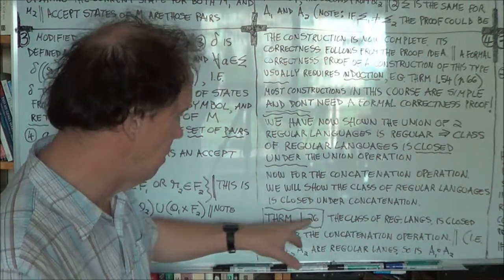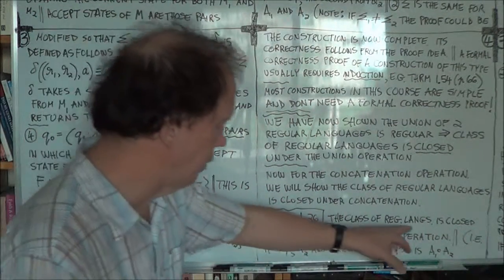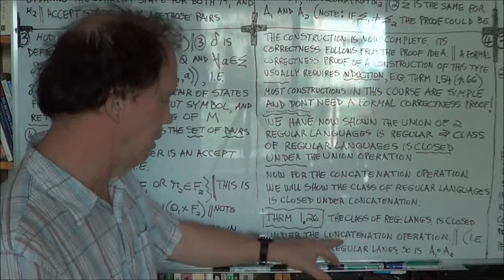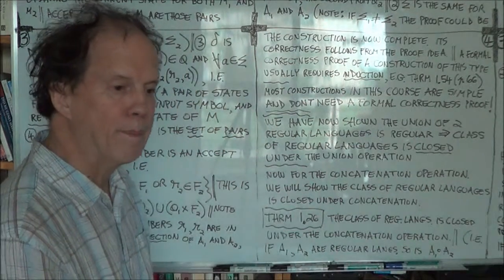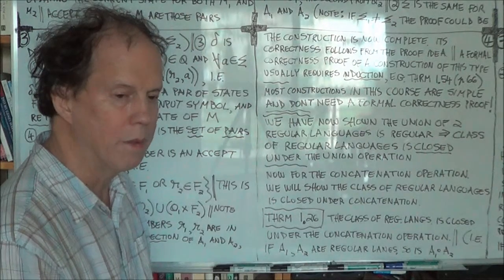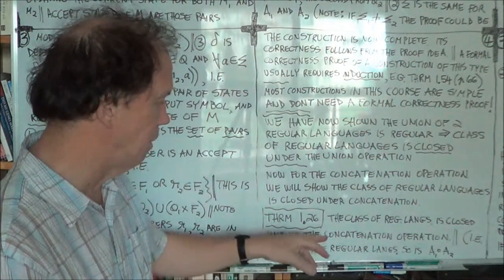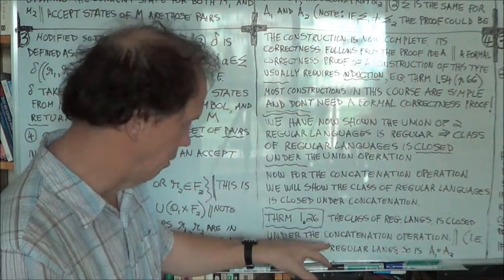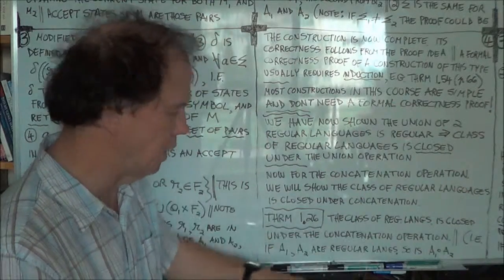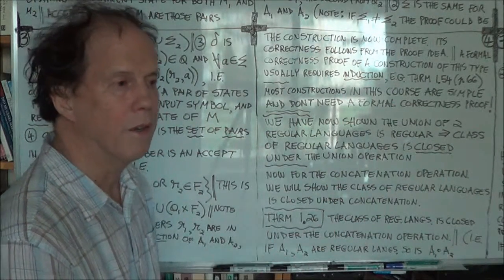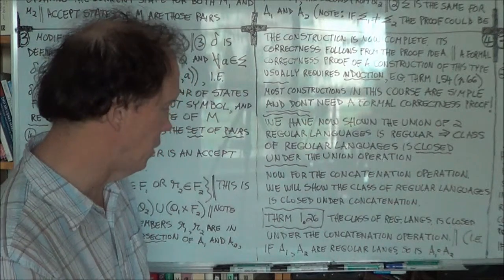So here's the theorem statement for theorem 1.26. The class of regular languages is closed under the concatenation operation. The only thing that's different from the previous theorem statement was the operator label. Before we had union, but now we've got concatenation. We're dealing with the second of the regular operations that we talked about in earlier sessions.